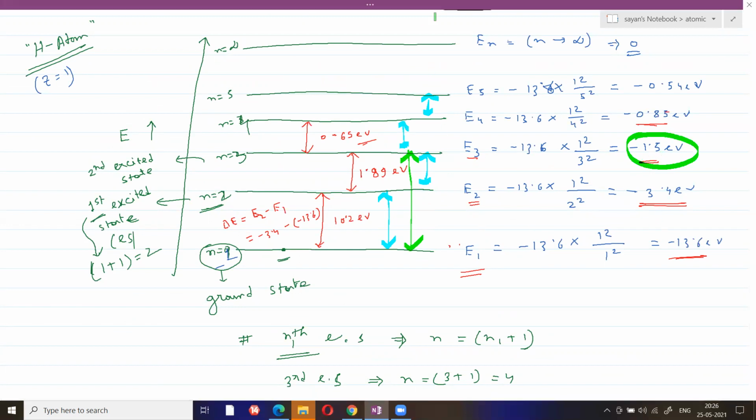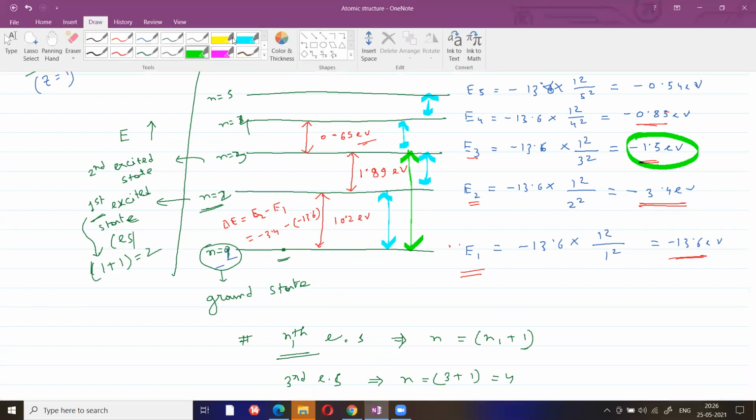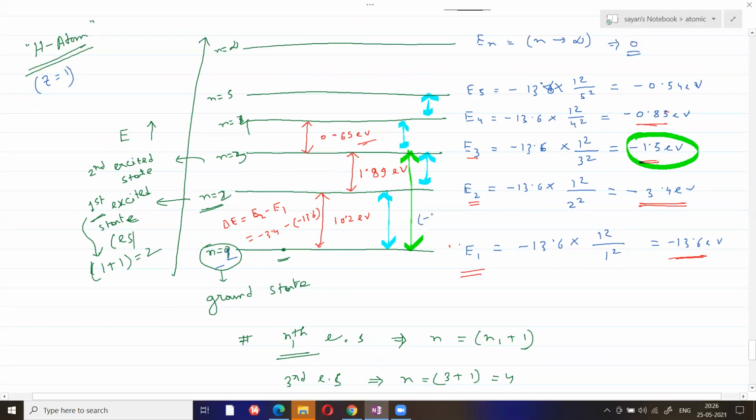If you calculate this one, what is the value? Minus 1.5 minus of minus 13.6. I think this one is 12.1. Okay, this is the value.